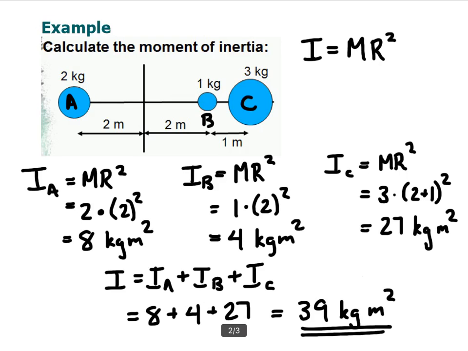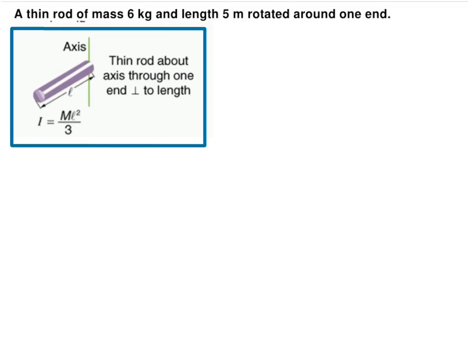Okay, now let me do one more quick example. And let me actually look at a rigid object, a rigid body. So let's look at a thin rod. It has a mass of 6 kilograms and a length of 5 meters, and it's being rotated around one of its ends.